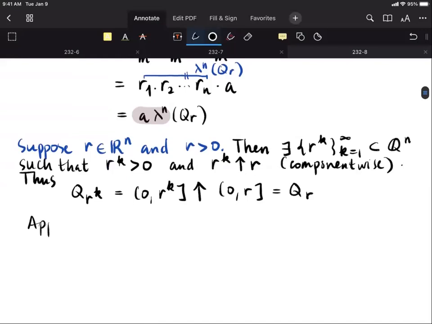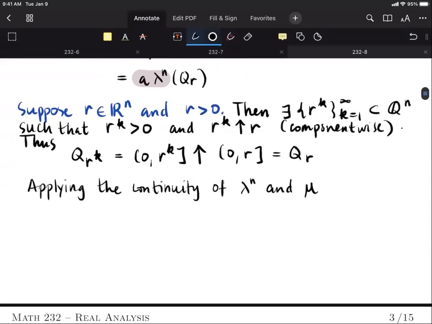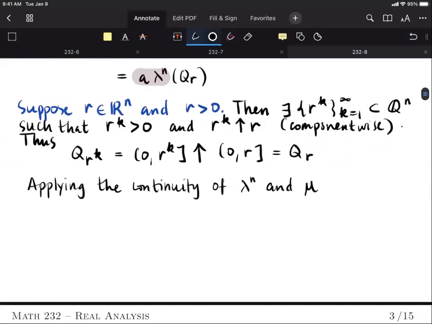Now, if we apply the continuity from below of your Lebesgue measure and your Borel measure mu, take note that a measure is continuous from below. Therefore, we have the following.